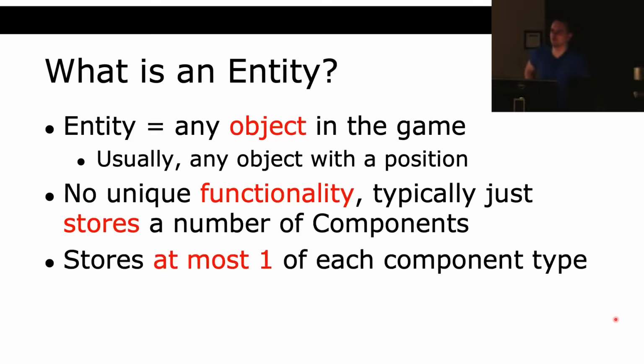You had a question? In the inventory example, would an item be more like an entity than a component? The inventory itself is the component? So the question was, in the inventory example, would an item be like an entity? So that completely depends. I don't think we would want to store entities within components. But what you would do is you would store data that would be able to create an item entity, right? So you might store some sort of type.